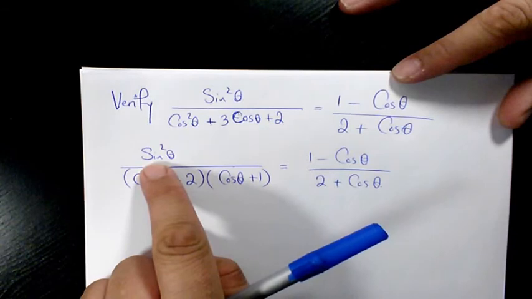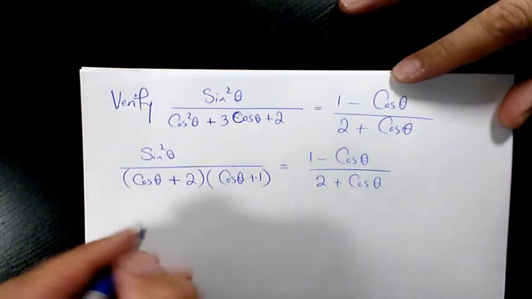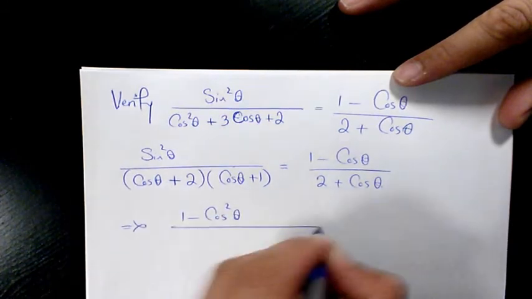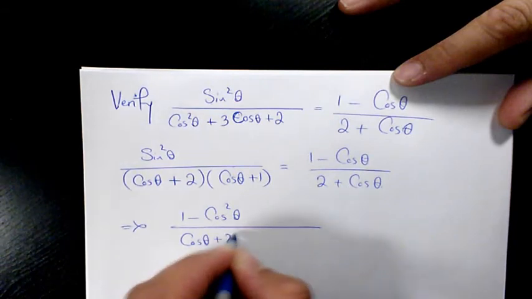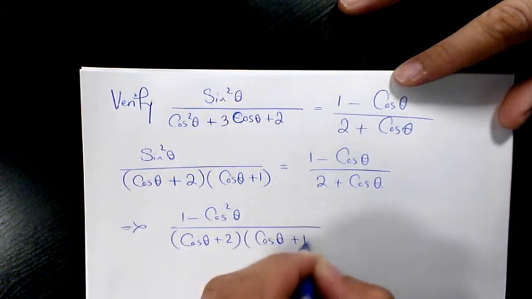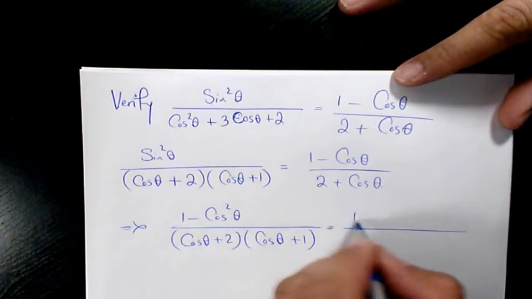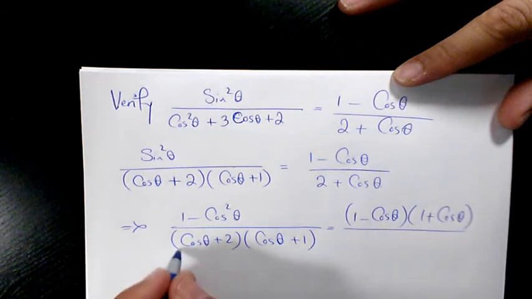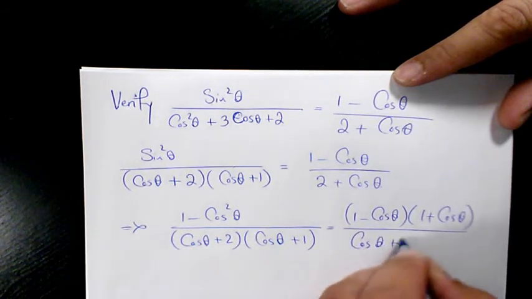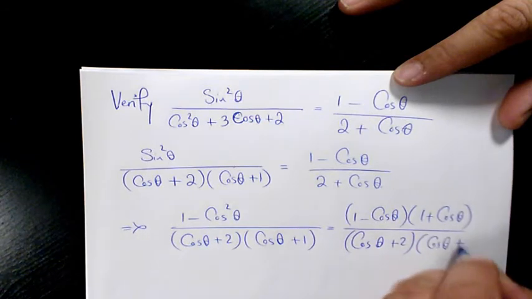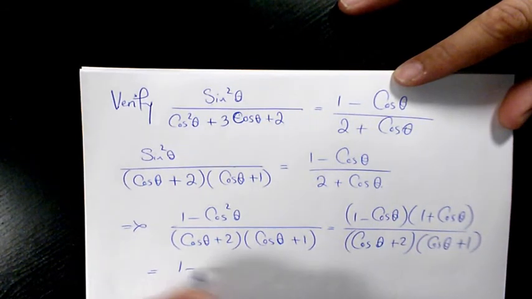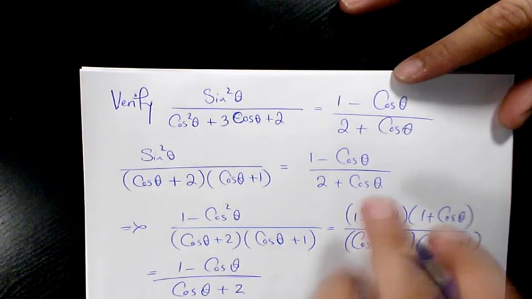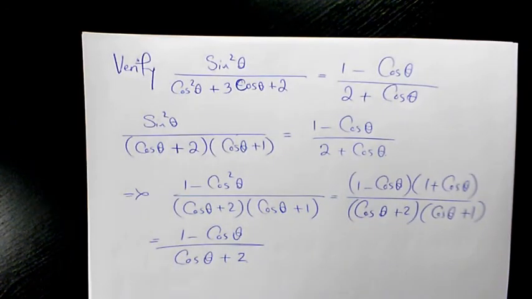And here, sine squared theta is the same as 1 minus cosine squared theta, over cosine theta plus 2 times cosine theta plus 1. Then you factor that, it is going to be 1 minus cosine theta times 1 plus cosine theta over cosine theta plus 2 times cosine theta plus 1. These two cancel out, and we're going to end up having 1 minus cosine theta over cosine theta plus 2, which is exactly what you have on the right hand side.